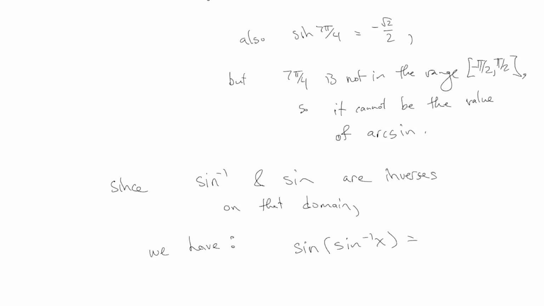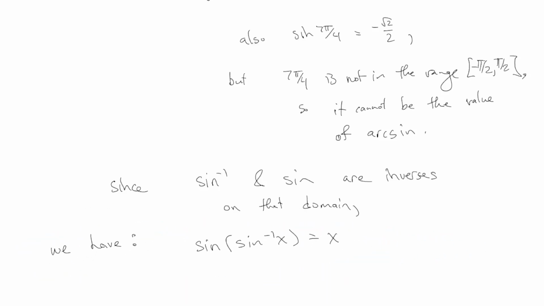Sine of the inverse sine of x, anybody can say what should that be? They are inverses. So what happens when you plug one inverse inside of the function? It's just x. Yeah, they cancel each other out. This is kind of what inverses mean. It means one undoes the action of the other one. So this equals x.